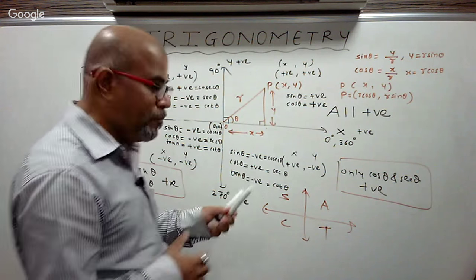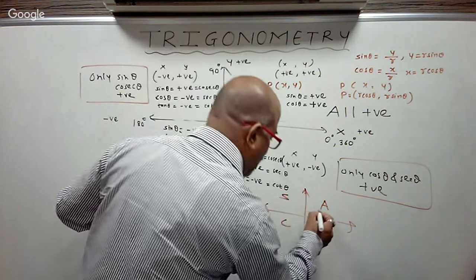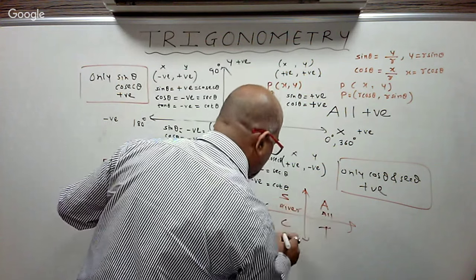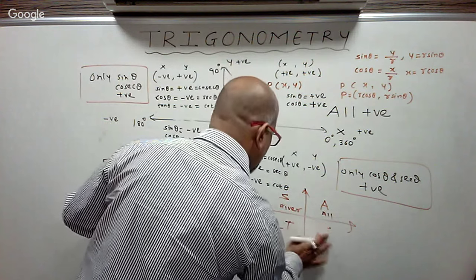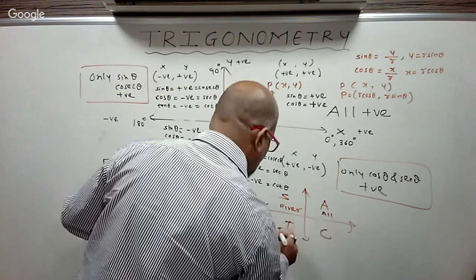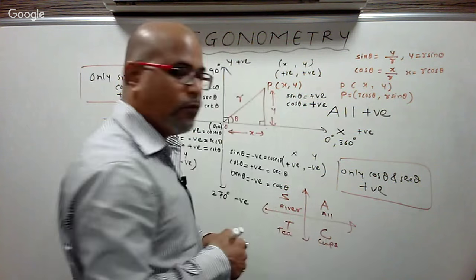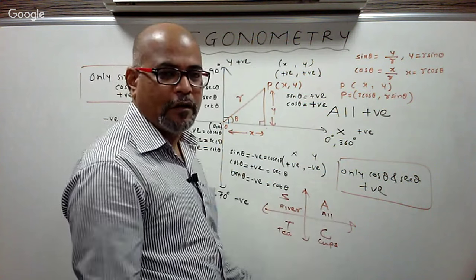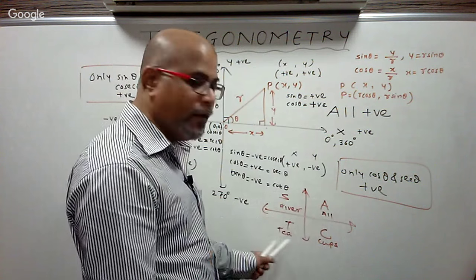So I'll give you a simple idea how to remember this. All of you must know: here I write All, Silver, Tea, Cups. How to remember? From the first quadrant to the fourth quadrant, moving anti-clockwise: All Silver Tea Cups.